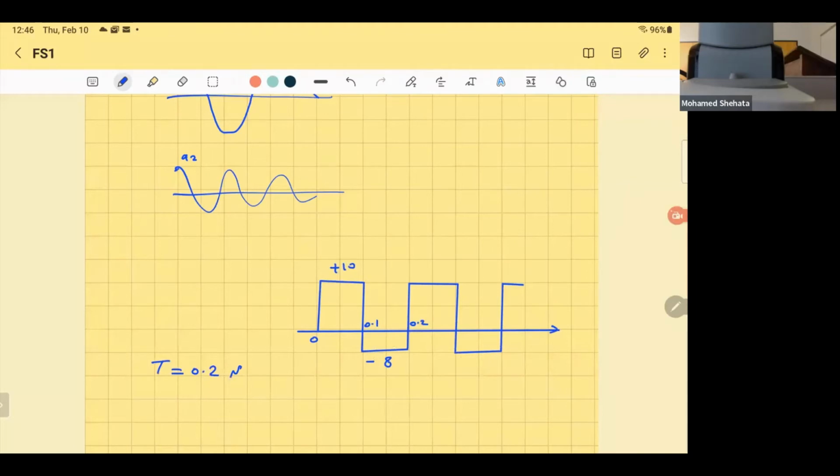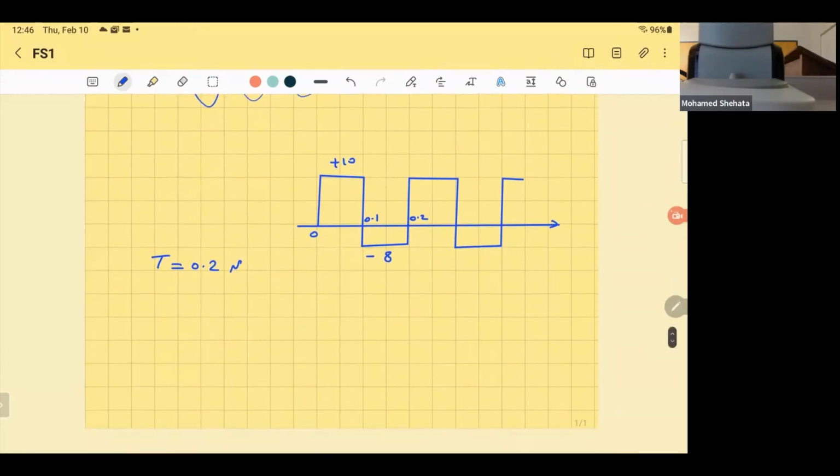The question is, when you look at something like that, does this signal have a DC component? How can you tell whether it has a DC component or not? Let me give you another signal, similar to this one, and you tell me which one has a DC component and which one doesn't.